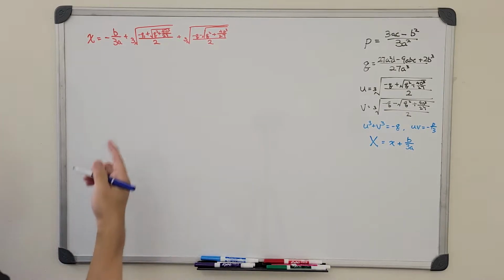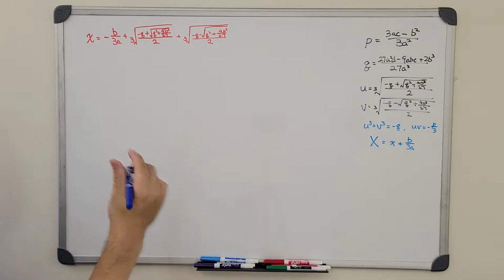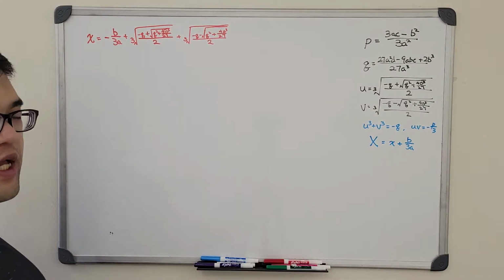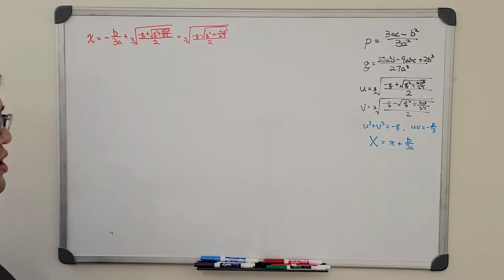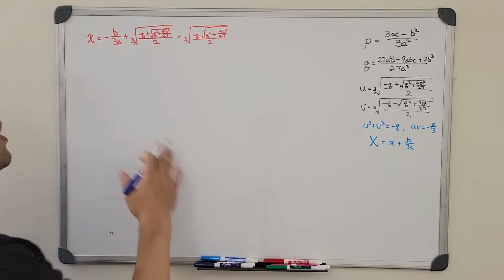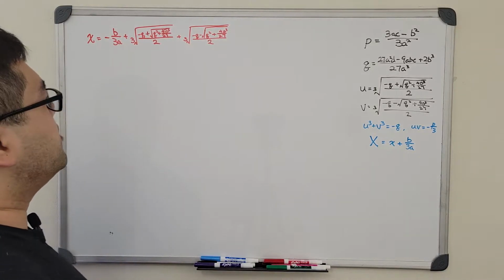Here we go. First of all, we still need to recall one more thing. From the original expression, we have a times x cubed plus bx squared plus cx plus d equals 0, where x is lowercase.